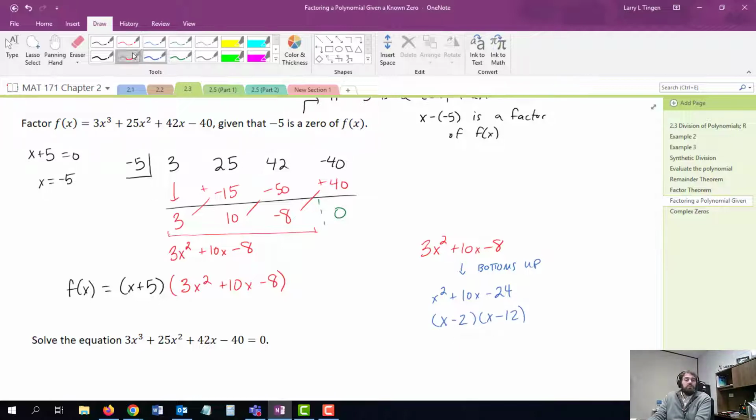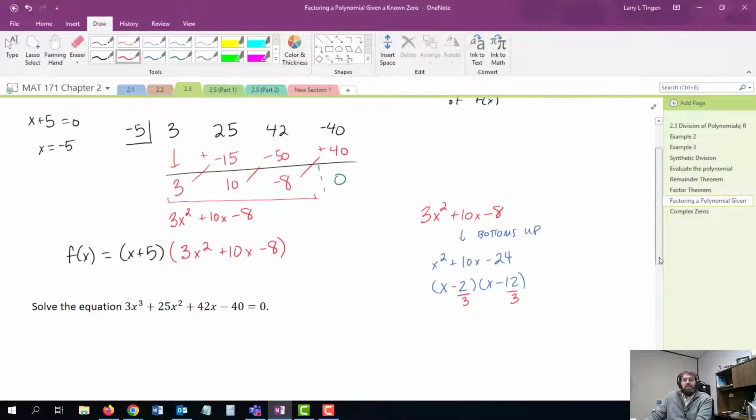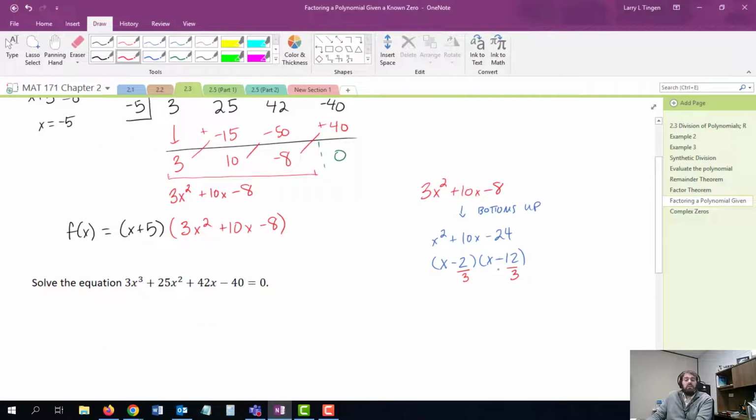And then we have to remember, once you have found that, then you divide those constants by whatever a was in the beginning. So that leaves me with x minus 2/3 times x minus 12 divided by 3 is 4.